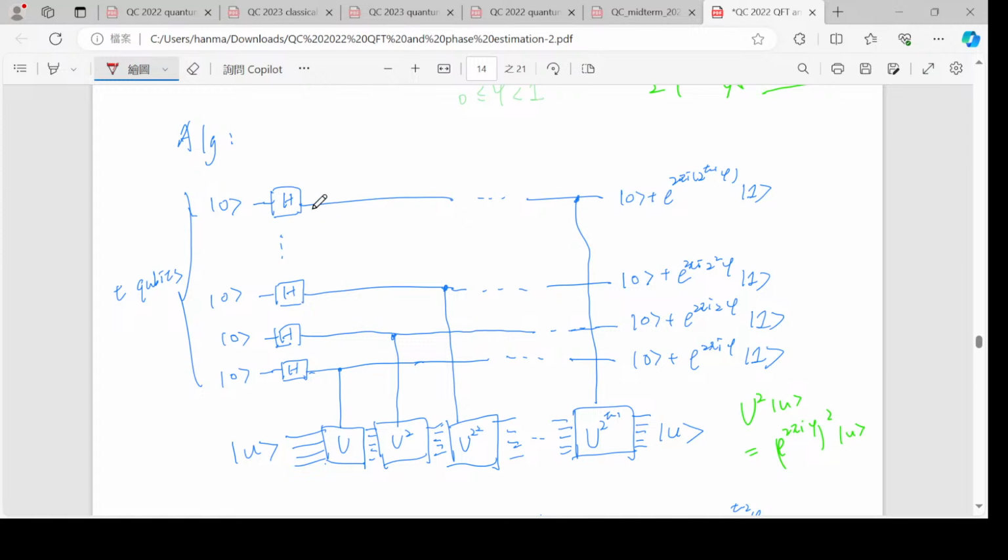So the T bit string converted to decimal is 2 to the T minus 1 times the first bit, then 2 to the T minus 2 times the second bit, down to 1 times the last bit, 2 times the second-to-last bit, and 4 times the third-to-last bit, etc. Right? So that's why you have a U to the 1, U to the 2, and a U to the 4. So you see the total number you do is actually just the same as the computational basis state here as a bit string. Right?